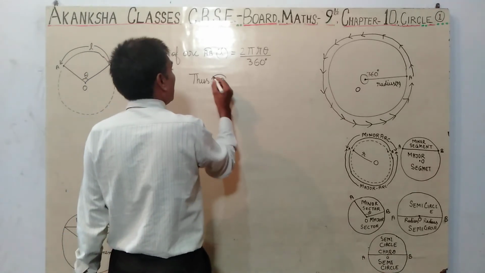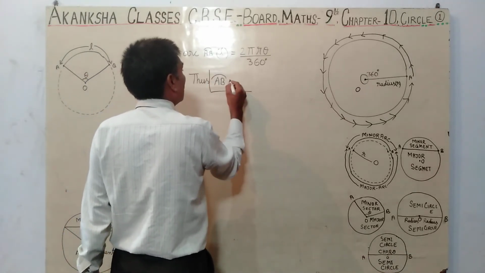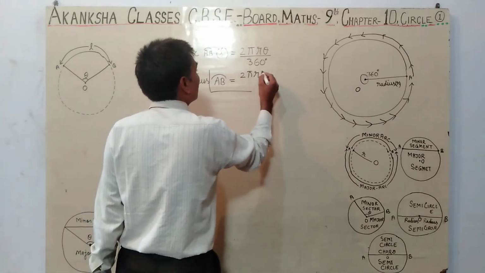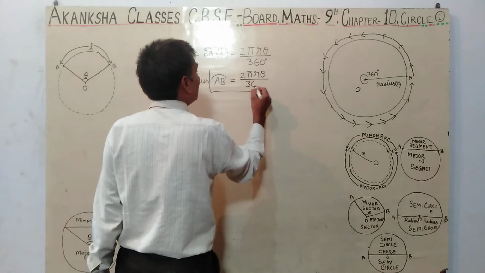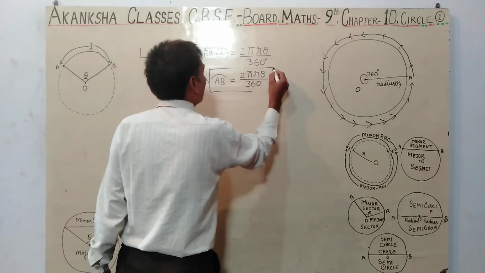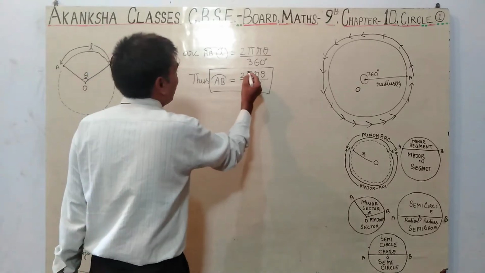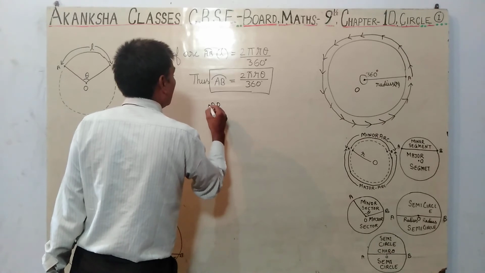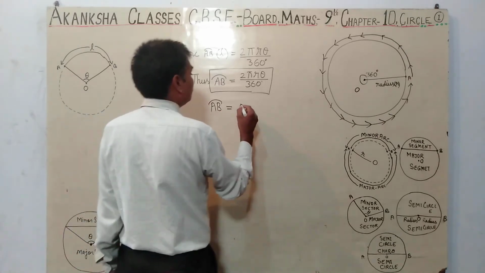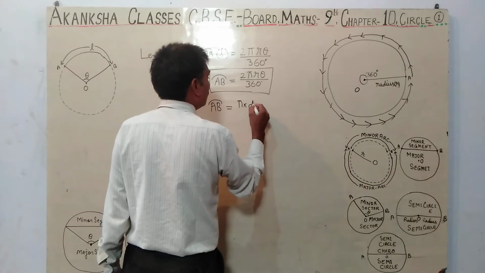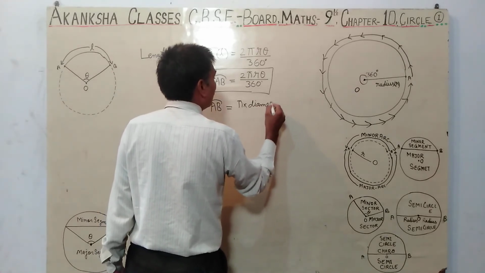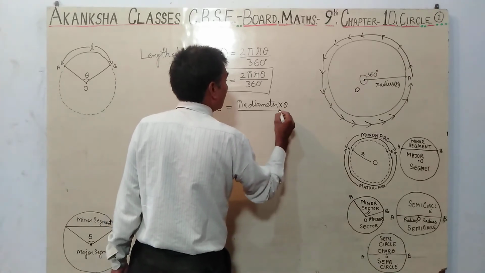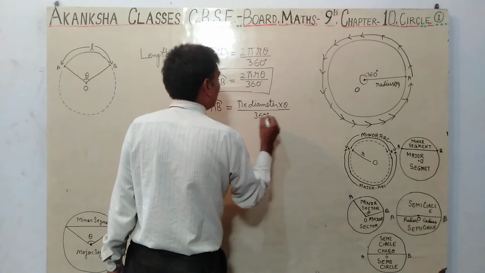Thus, arc AB equals 2 pi r theta by 360. Also, we can define 2r equals diameter. Hence, length of arc equals pi into diameter into theta by 360 degree.